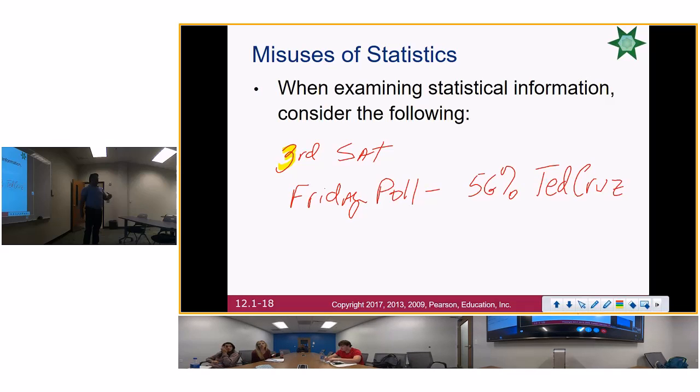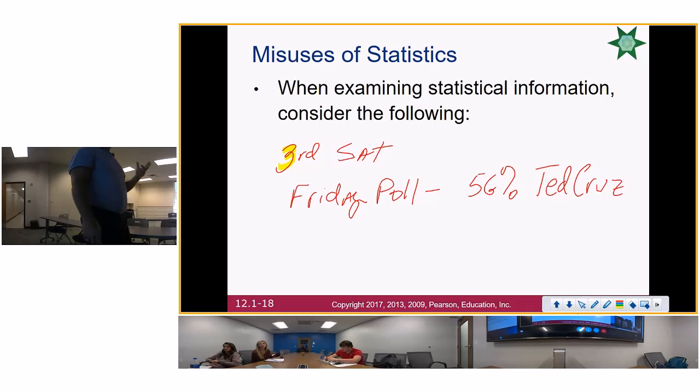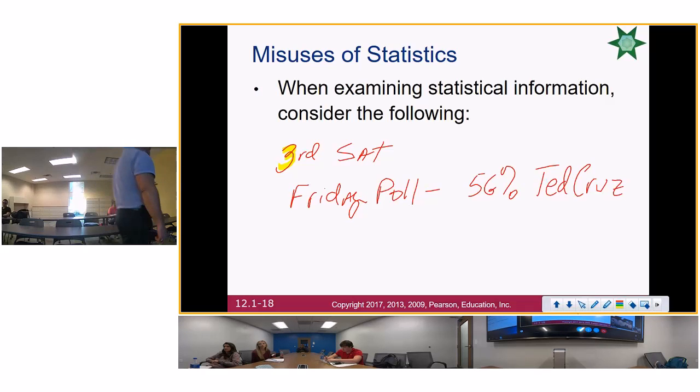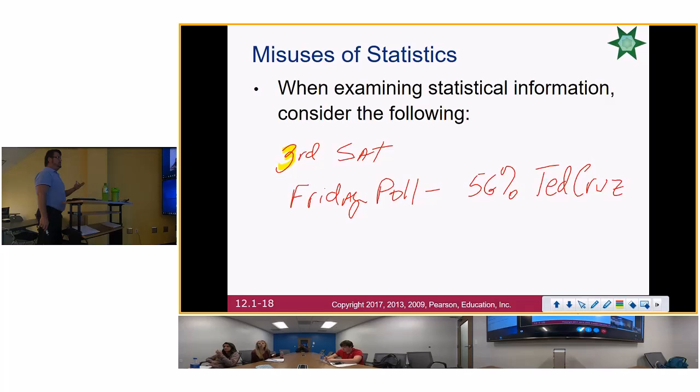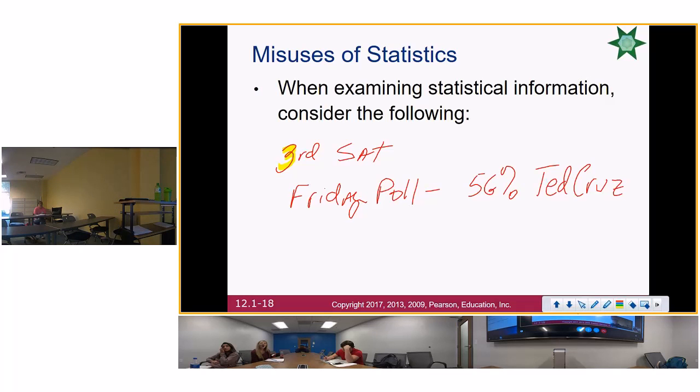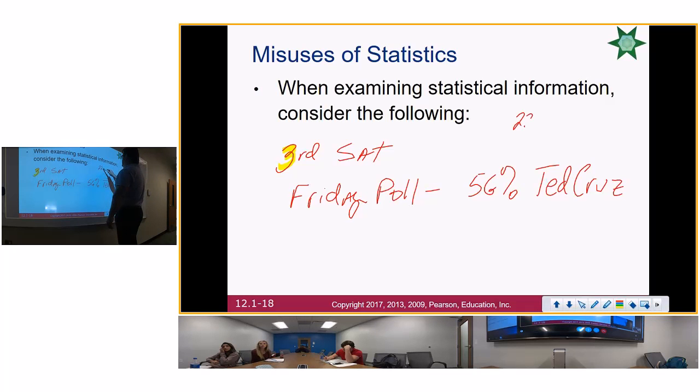Now, as a statistician person, I'm not going to call myself a statistician because I got a math degree. But as a math teacher, I was watching these polls. At that time, when this poll came out, Donald Trump was leading anywhere from 22 to 25% of the Republicans.